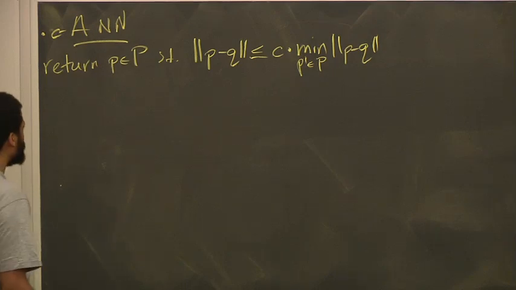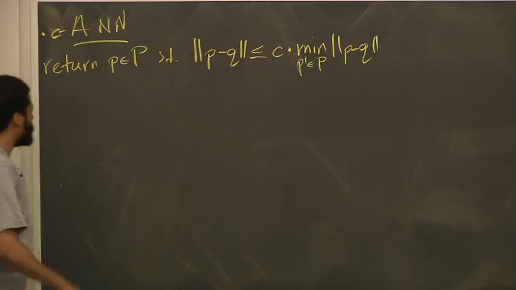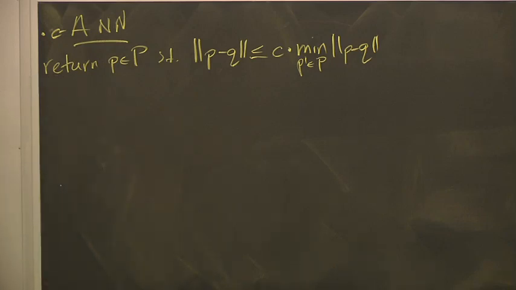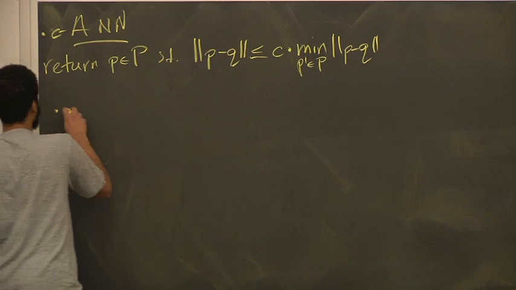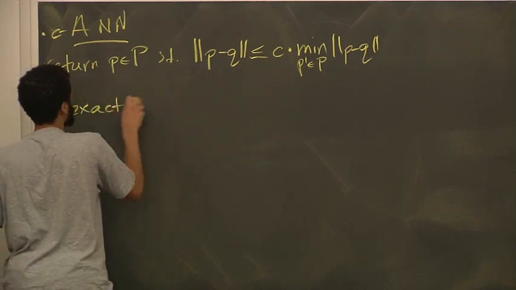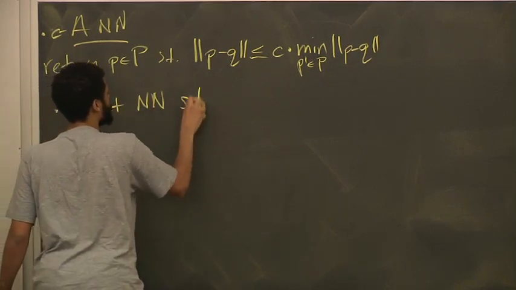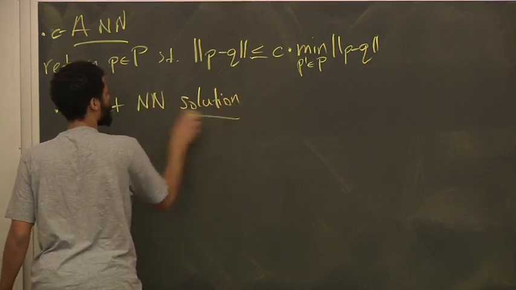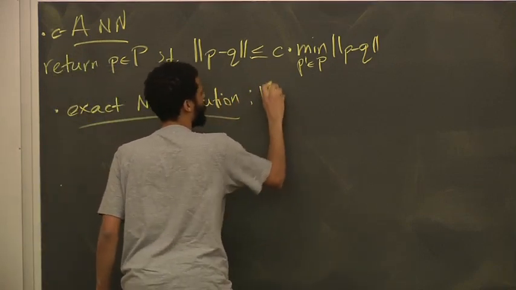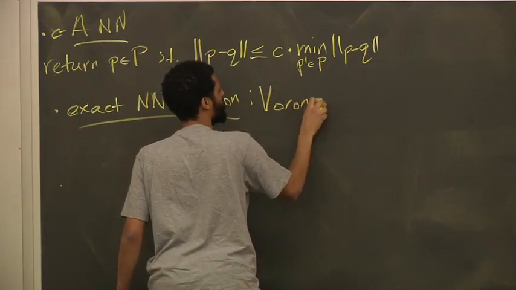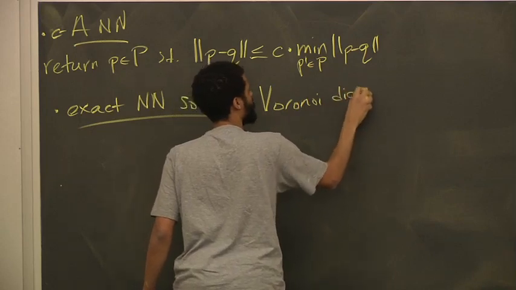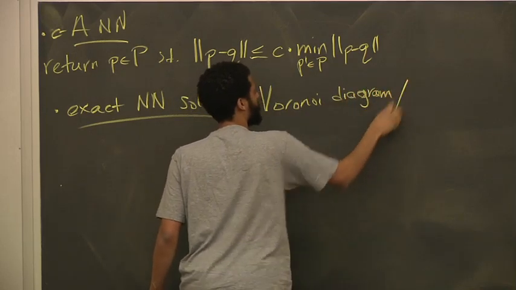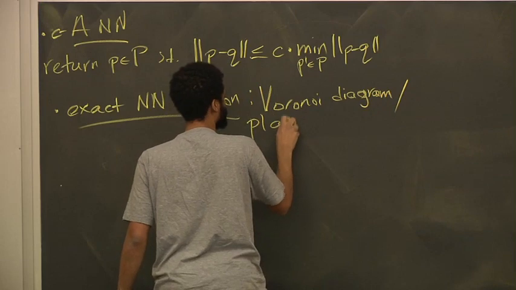Good. So one way to solve the exact near neighbor problem is to use what's called Voronoi diagrams, and then planar point location.